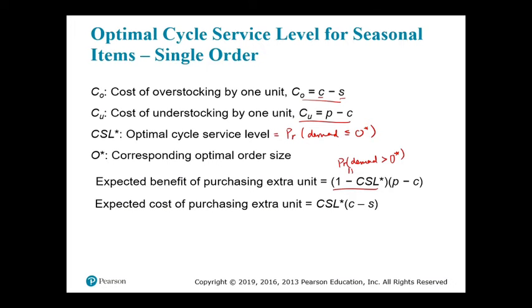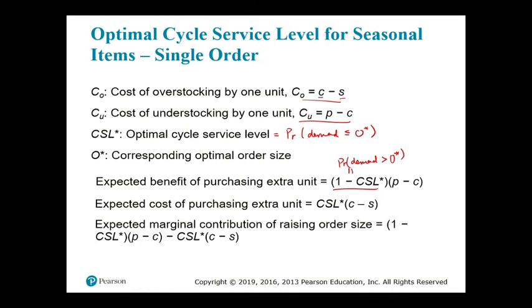The expected cost of purchasing another unit is, what if I can't sell it? What if demand turns out to be actually less than O star? Then I'm going to incur this cost of overstocking. So then the marginal contribution of increasing the order size by 1 is equal to the benefit minus the cost.